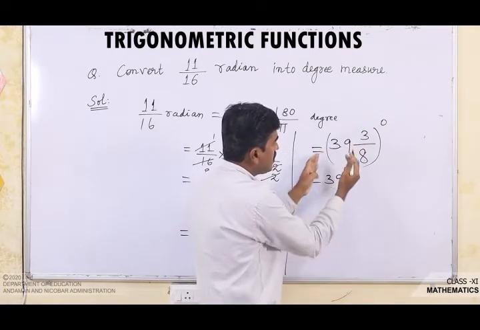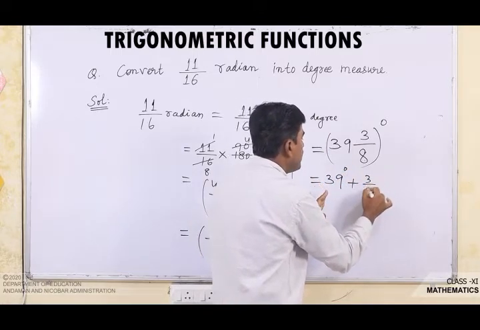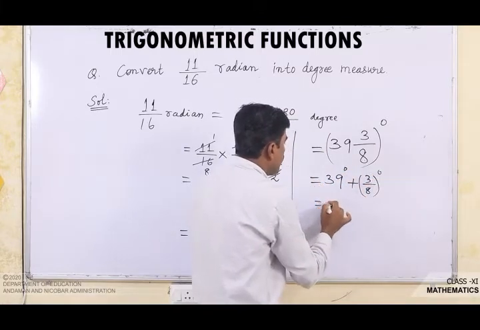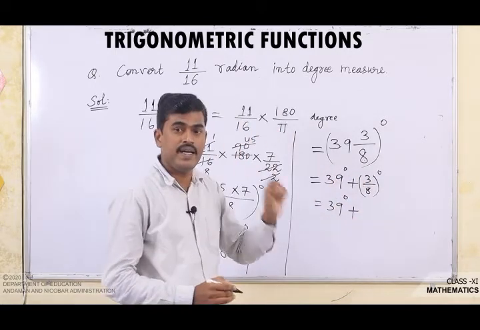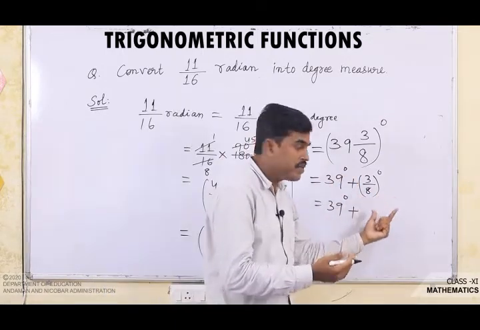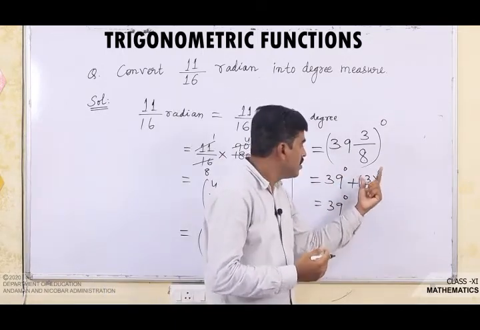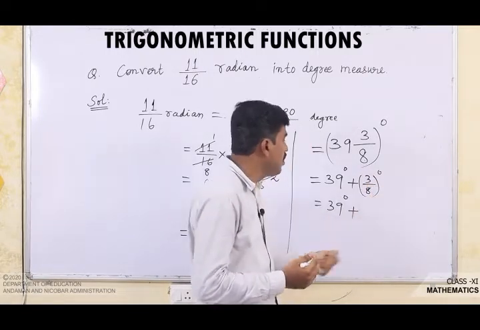So we can write it as 39 degree, split it. So 39 degree plus 3 by 8 degree, or we can write it as 39 degree plus. Now 3 by 8 degree is less than 1 degree. So there is a smaller unit, 1 minute. Now we have to convert this 3 by 8 degree into minute.